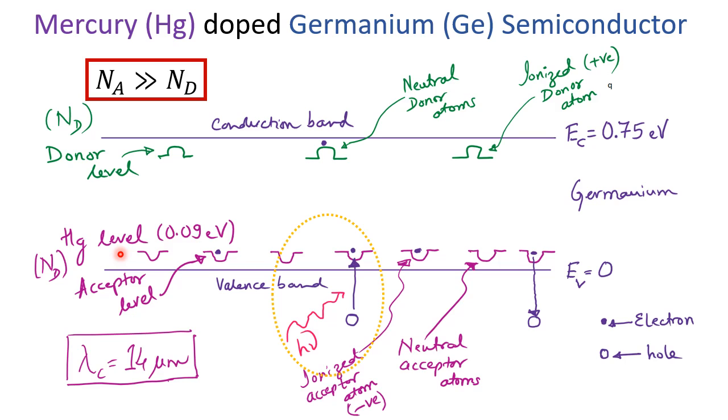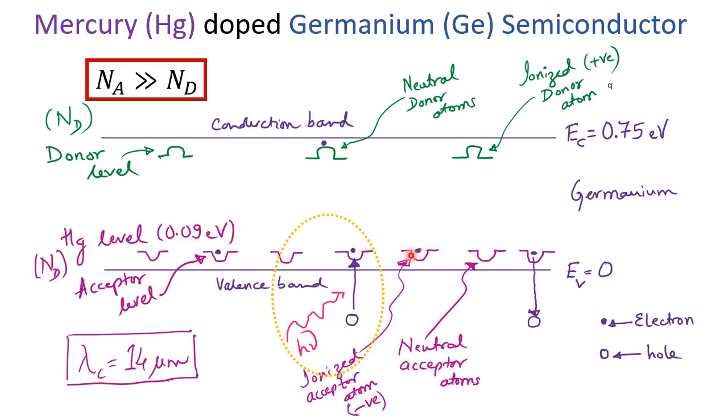The other thing which can happen is, because there are a lot of empty acceptor levels here, the donor atoms can happily give away their excess electron, which can come back and occupy one of these. So these empty states which were available for the electron to come from the valence band are now occupied.